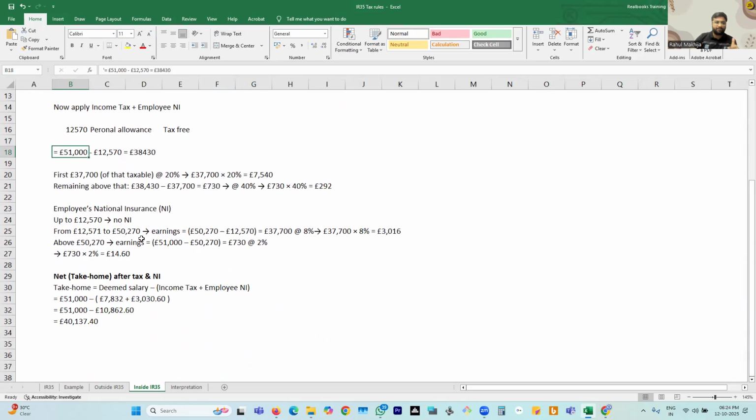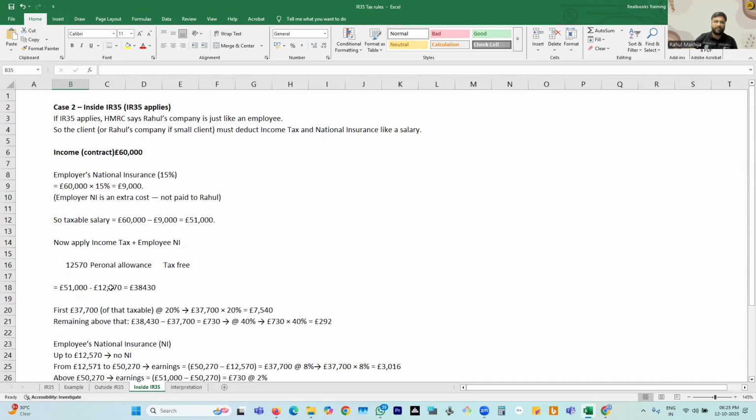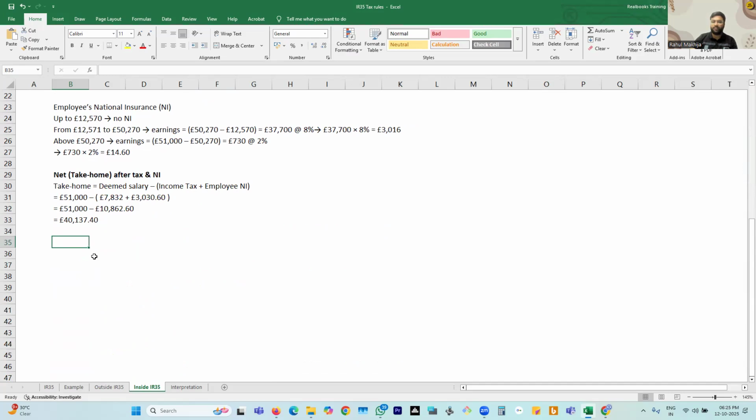Apart from that, we would be incurring employer NI as well of £3,030. So our net take home, if we are inside IR35, would always be lower compared to the company, and the flexibility will also differ a lot.